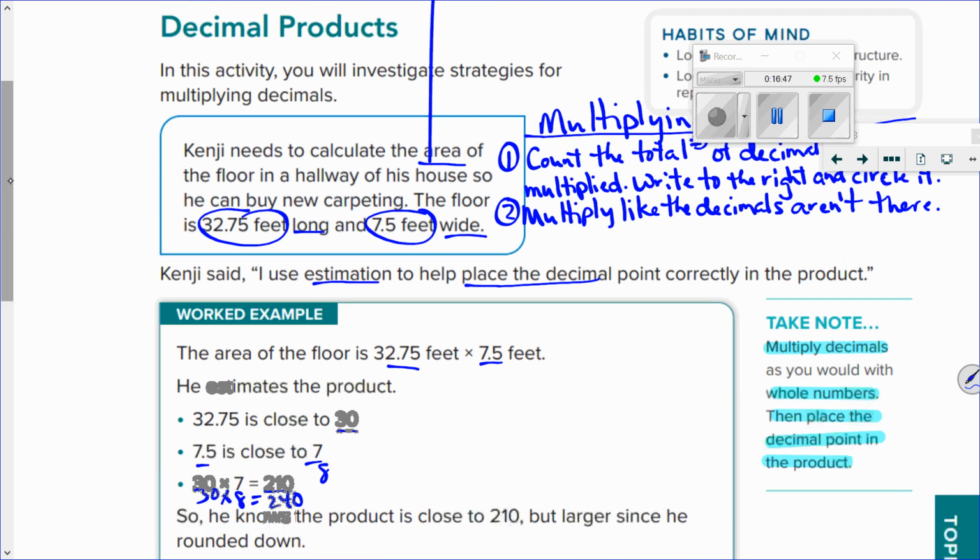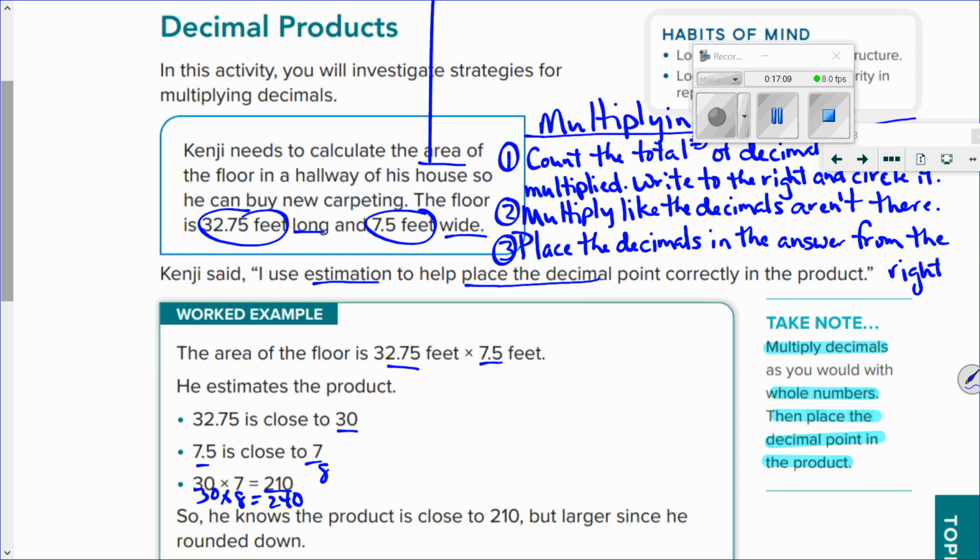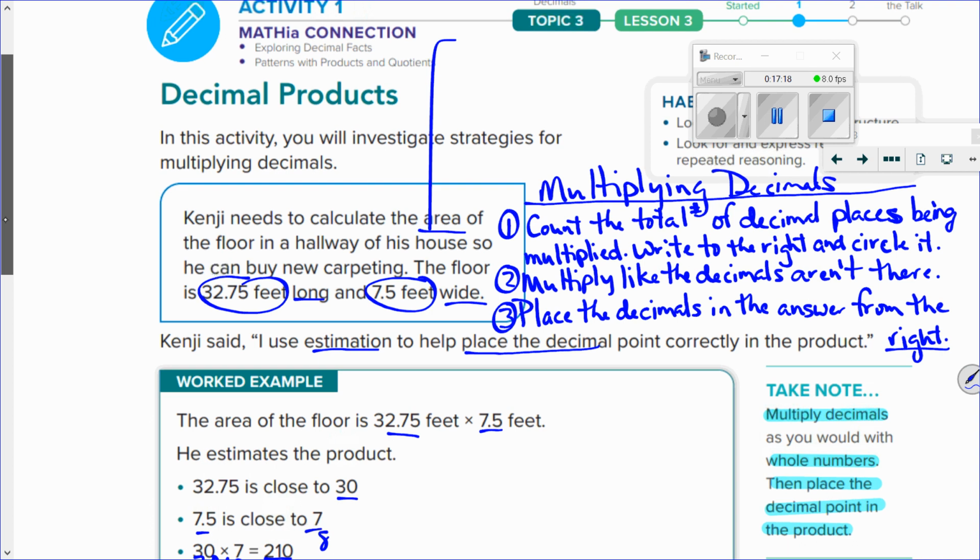Step 3, place the decimals in the answer from the right. Okay, so I'll give you guys all a chance to make sure you've got all that written down.